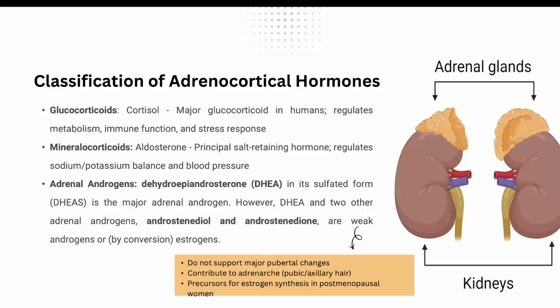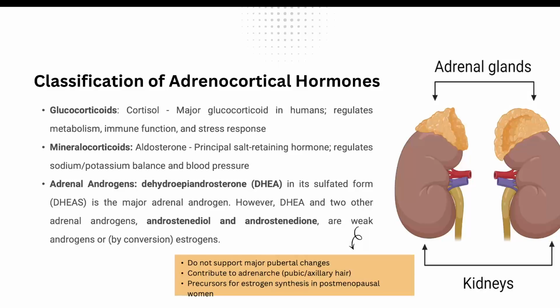Adrenal androgens, or the sex hormones, like for example DHEA. I'm sure that you have heard about DHEA and seen it on supplement products in the pharmacies. DHEA stands for dehydroepiandrosterone.